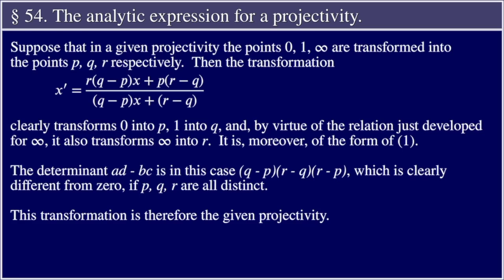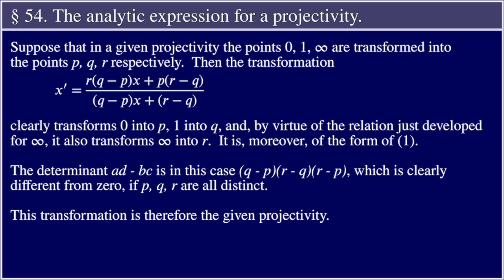Then the transformation x prime equal to r times (q minus p) times x plus p times (r minus q), all divided by (q minus p) times x plus (r minus q), clearly transforms 0 into p, 1 into q, and by virtue of the relation just developed for infinity, it also transforms infinity into r.